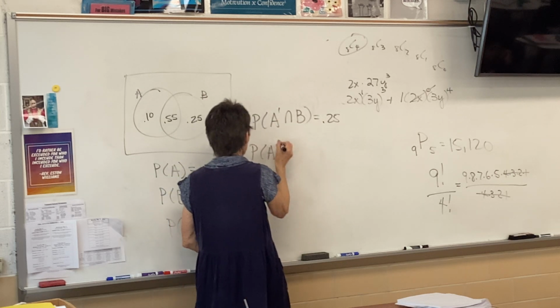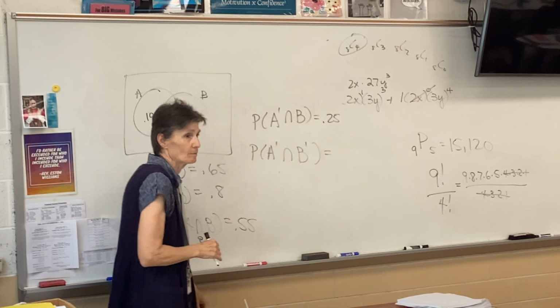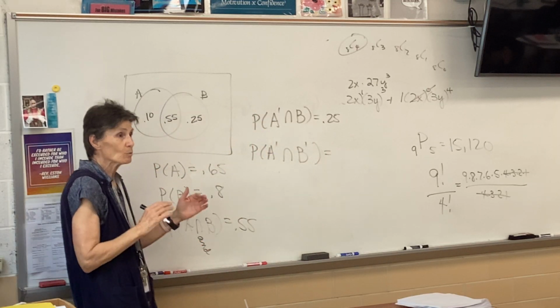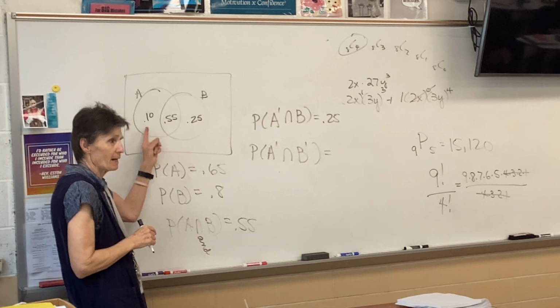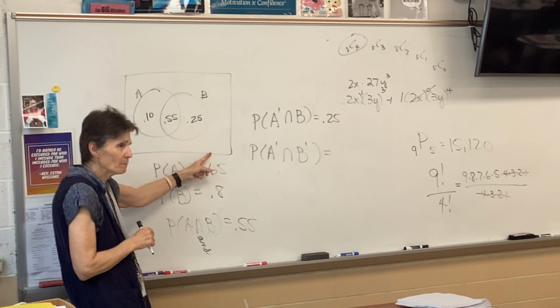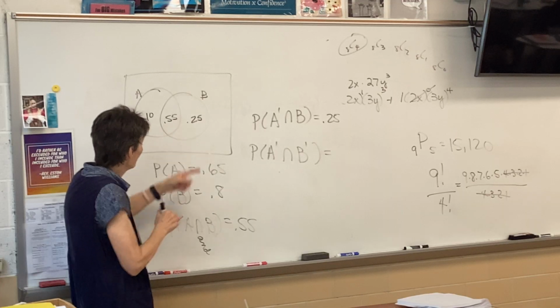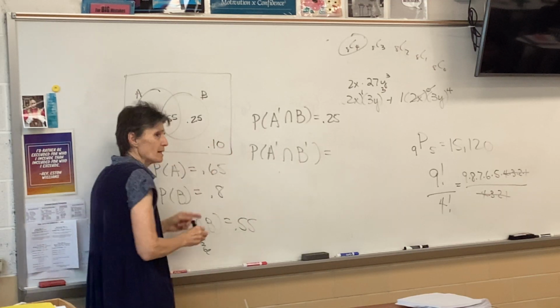I don't want apples and I don't want bananas, so I do not like either. So in other words, I'm not in here. Where am I? I'm out here. Well, wait, how many people are out here? 0.10. How do we know that?